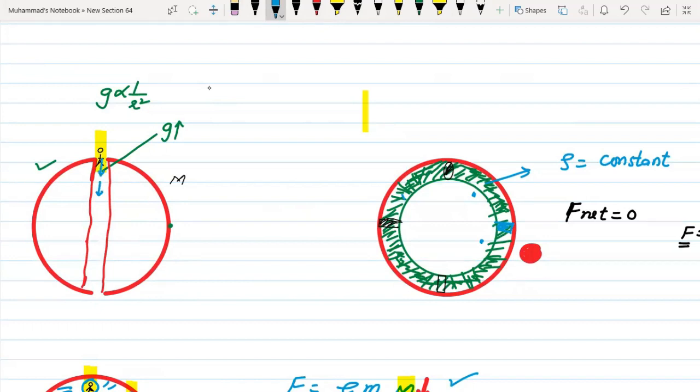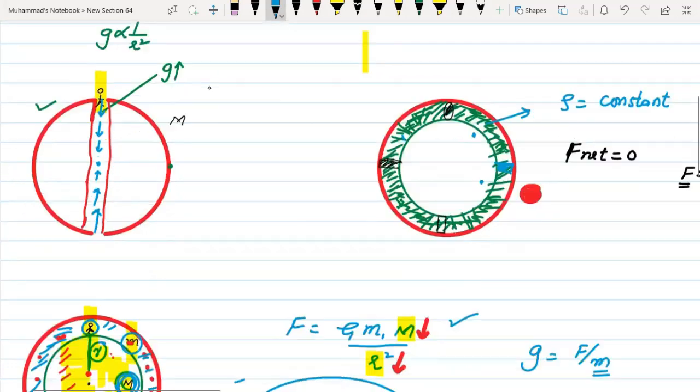Gravitation field strength decreases, and it becomes zero at the center of Earth. Then gravitation field strength will still increase, and it will become maximum at the surface of Earth. Direction of gravitation field strength is always toward the center of Earth. So this is how the variation of G is inside the surface of Earth.